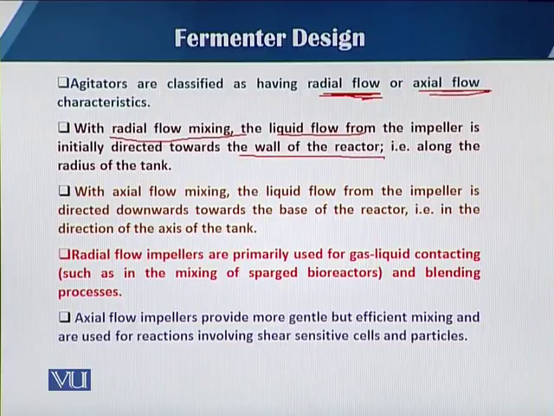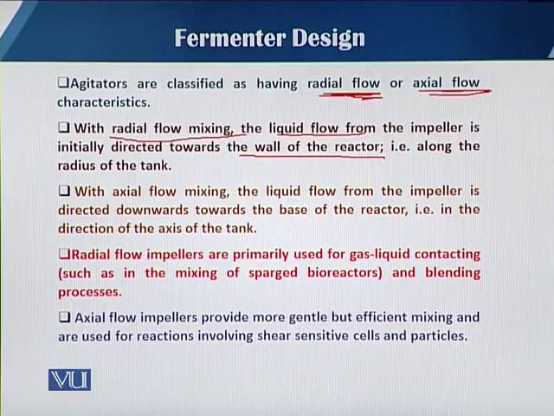When the impeller moves, the fermentation medium is first pushed toward the wall of the fermenter, parallel to the radius of the fermenter. That's why it is known as radial flow.